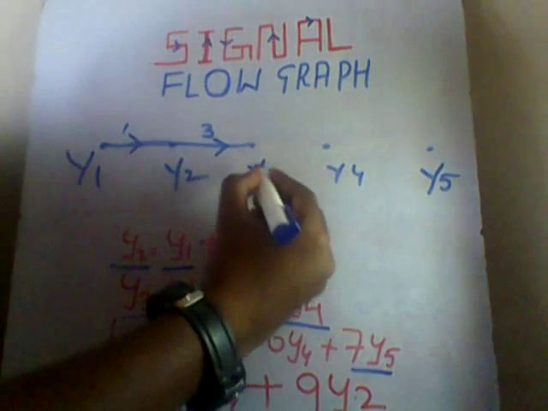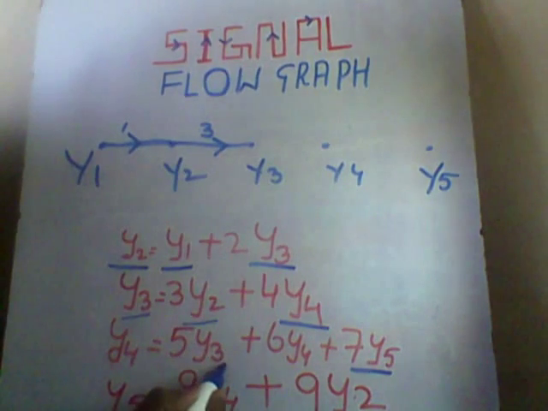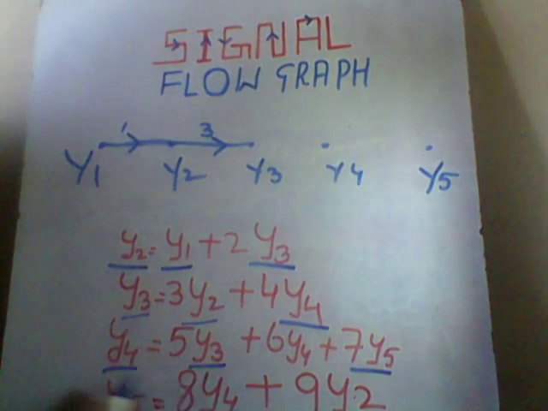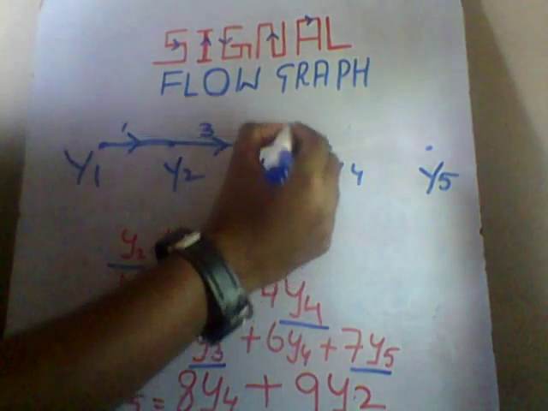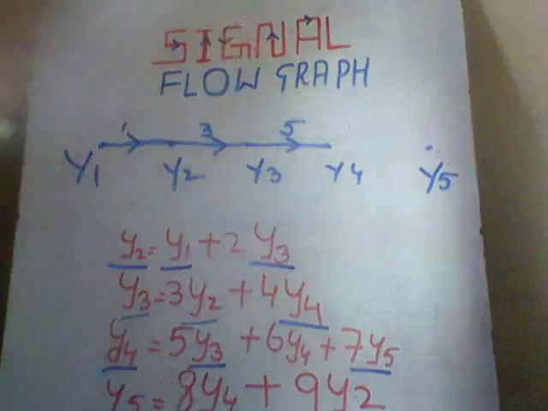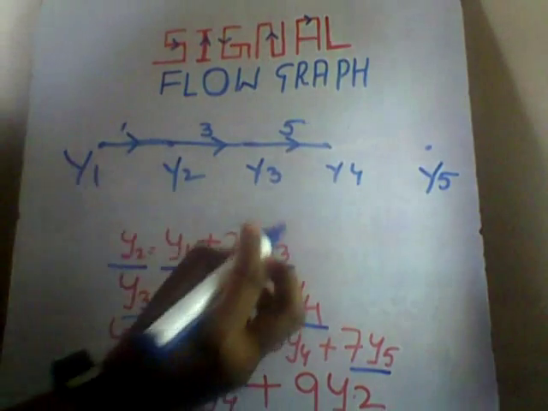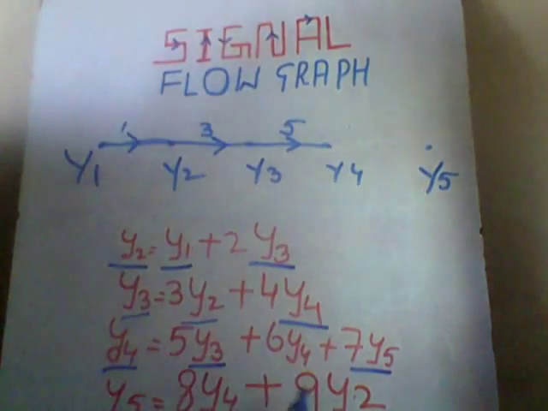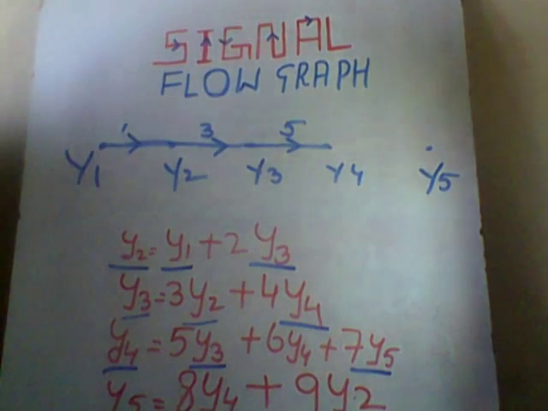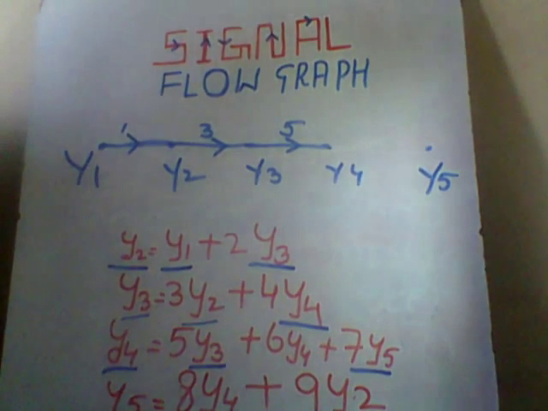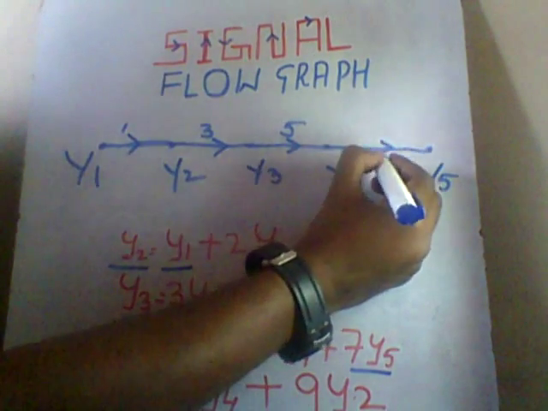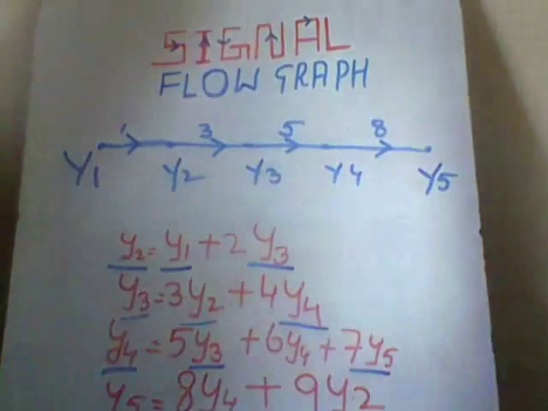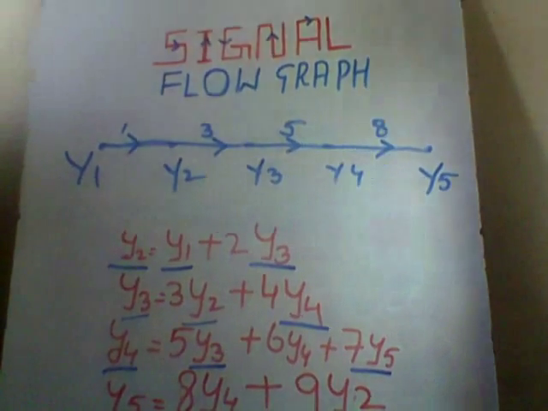And now y3 to y4, see here it is written y3 to y4 with a path gain of 5. And now y4 to y5, is there any? Yes, y4 to y5 with a path gain of 8. Now our major task is completed.